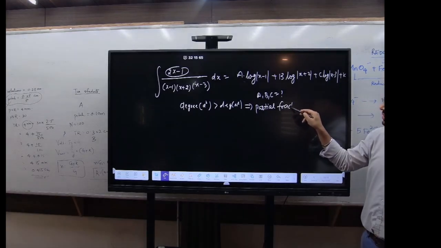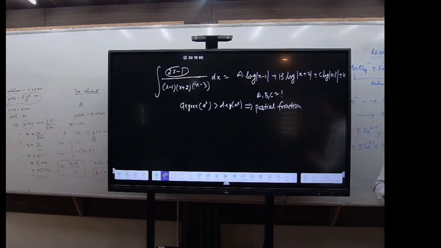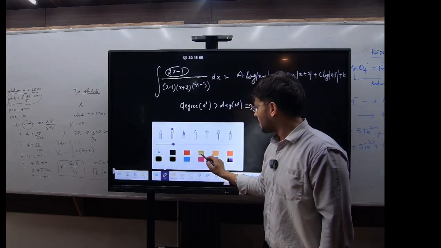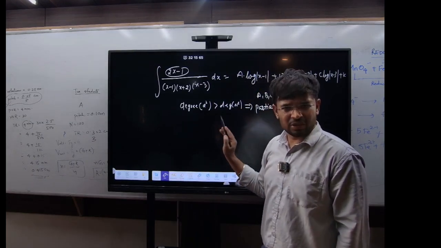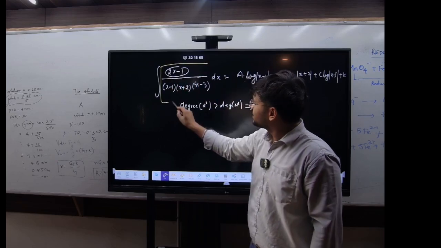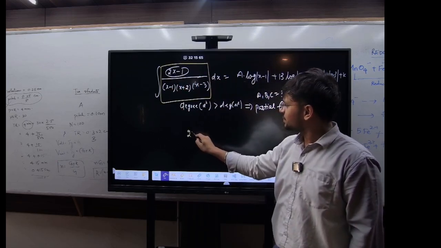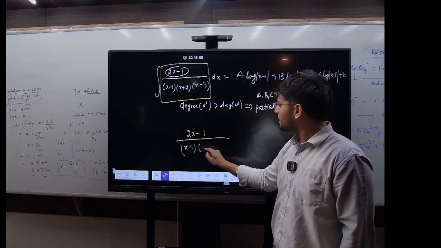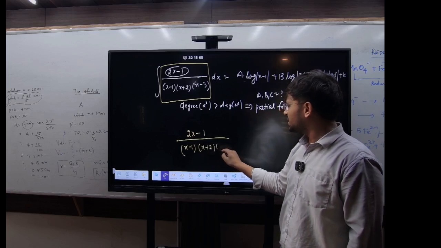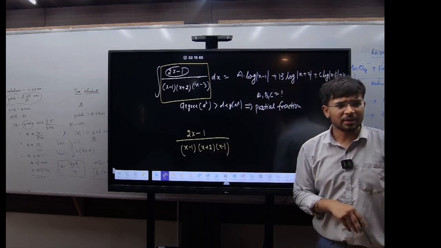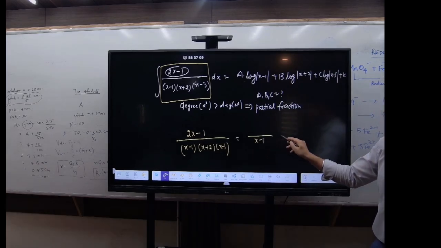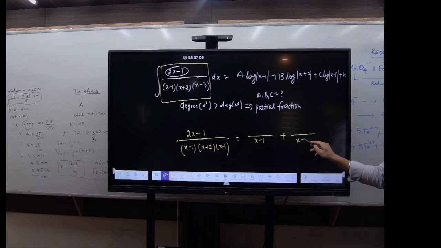And very easy to understand. What you do, the whole thing, whatever this thing is there, this is not an integration question at all. This whole thing, write it here. This is just a shortcut I am saying. And just write in terms of x minus 1 plus, just the denominator I am writing like this.